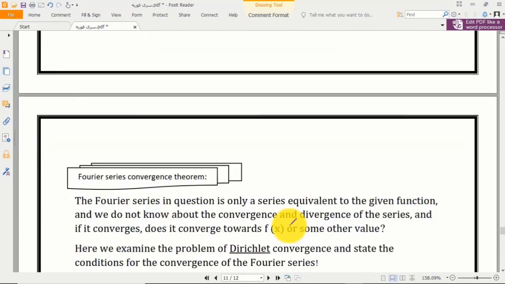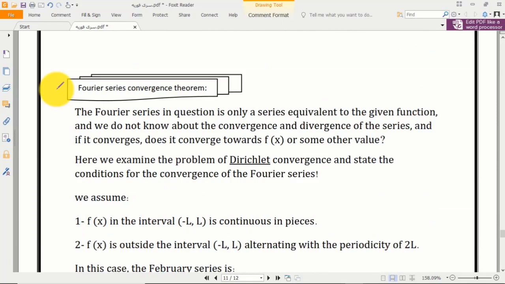In fact, the Fourier series is a kind of series that may be convergent or divergent. To build your intuition for what we're doing here, I will expand on the Dirichlet convergence theorem.